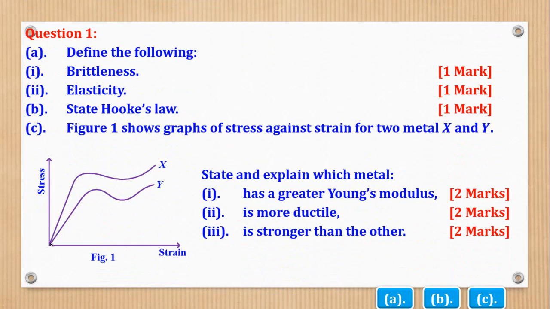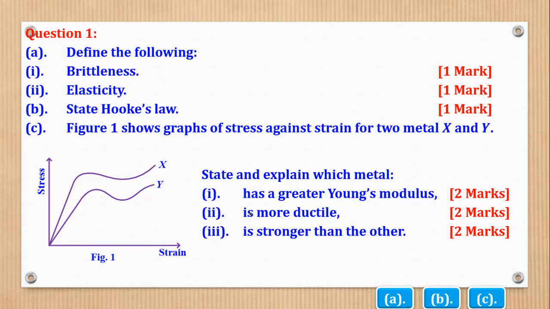If you look at the linear part up here and also up here, this slope is bigger than this. Therefore, it has a bigger Young's modulus. Remember, the slope will be the Young's modulus, because Young's modulus, by definition, is stress over strain.